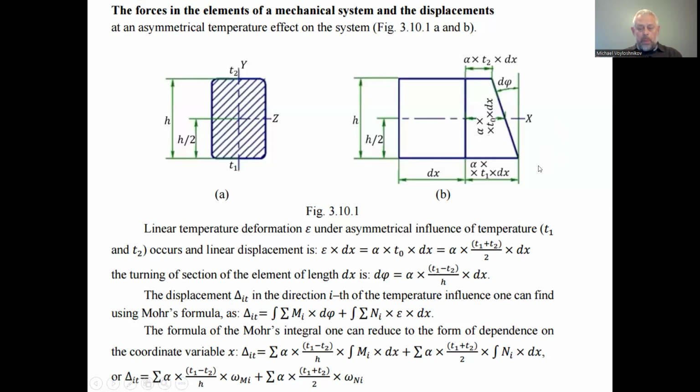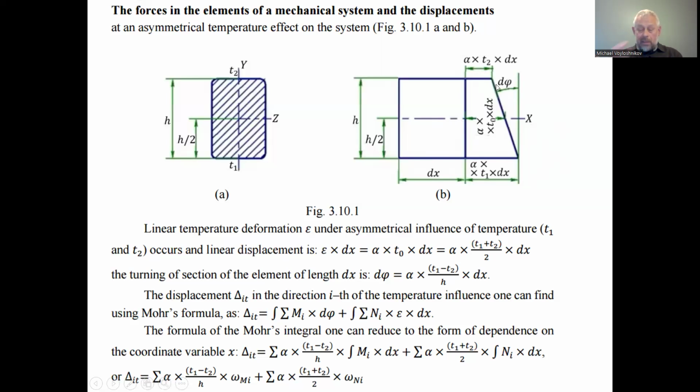Besides, the transverse section of the increment dx of the beam experiences bending, a rotation through the angle phi.